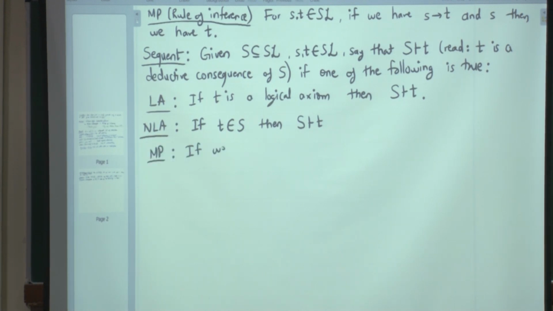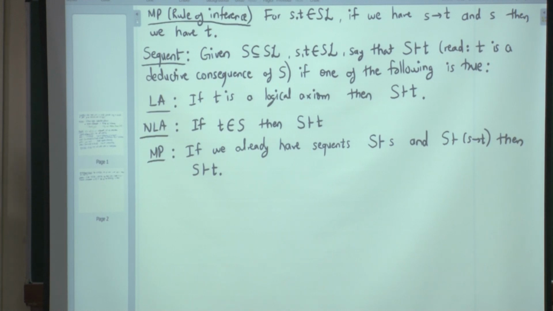If we already have sequents S deduces s and S deduces s implies T, then we have S deduces T. So this is modus ponens, and you have to use this rule on two previous lines.